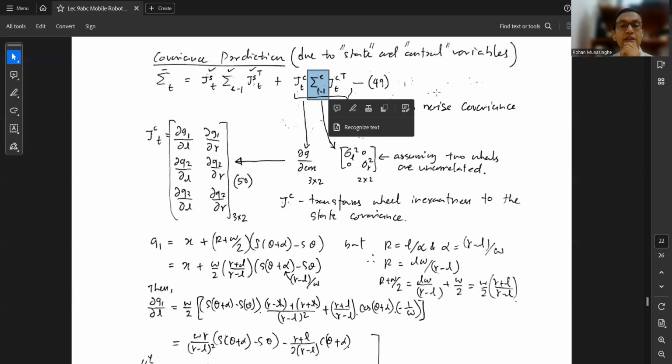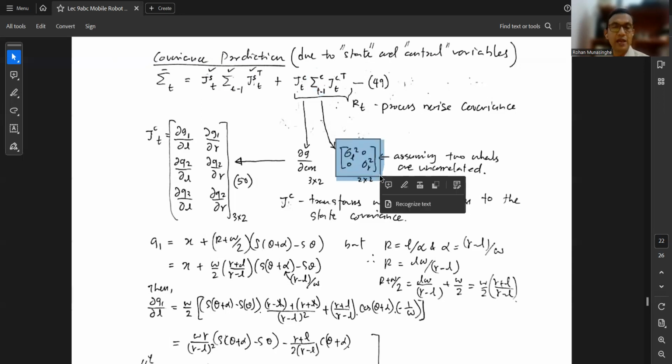If you have a two-wheel system, the control covariance matrix would be like this: left wheel, right wheel, standard deviation squared. You figure out the standard deviation of the left wheel and of the right wheel, separately.